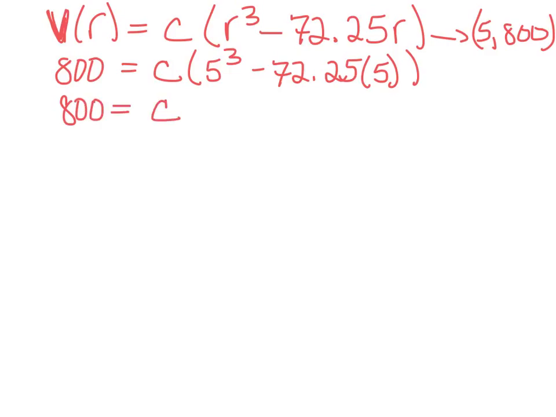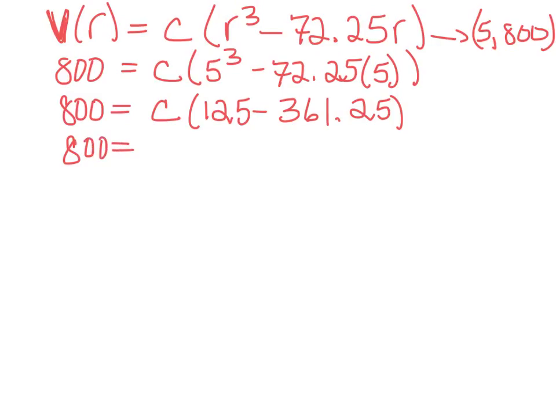So I'm going to get 125 here, minus, and then when I multiply 72.25 times 5, I get 361.25. I'm going to subtract those two, and I will get 800 equals C times, and that ends up being -236.25.